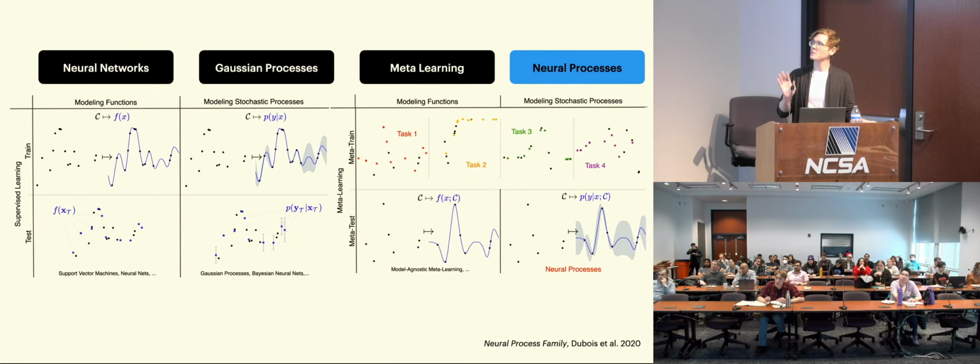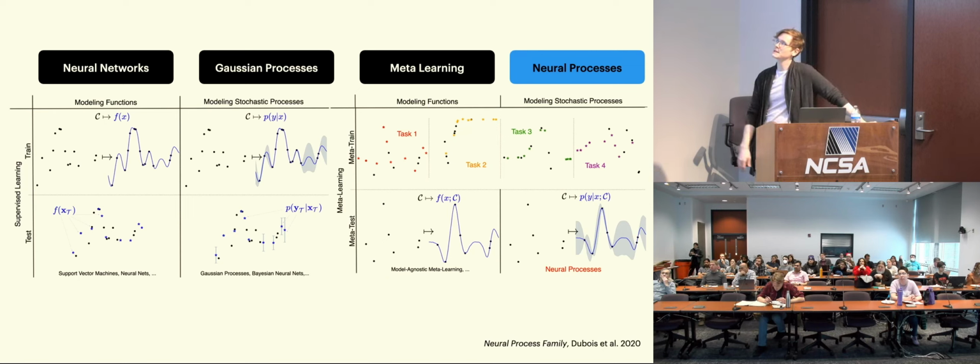So this is a bit of an overview of where neural processes fit into the machine learning family. On the left, you have your supervised learning methods, your neural networks that take your data and attempt to train a model that can approximate the underlying function. You have your stochastic processes and your Gaussian processes, which take that data and attempt to form a probability distribution over potential functions that can fit your data.